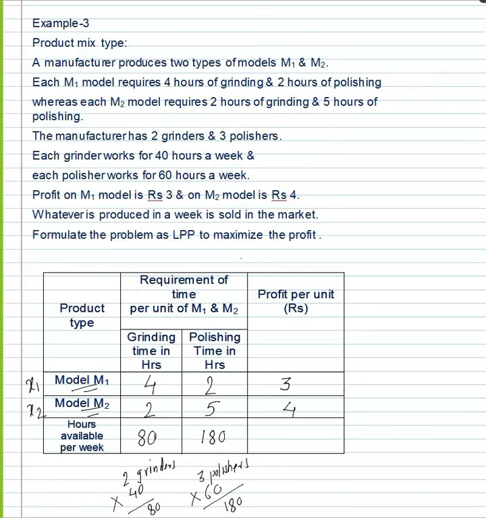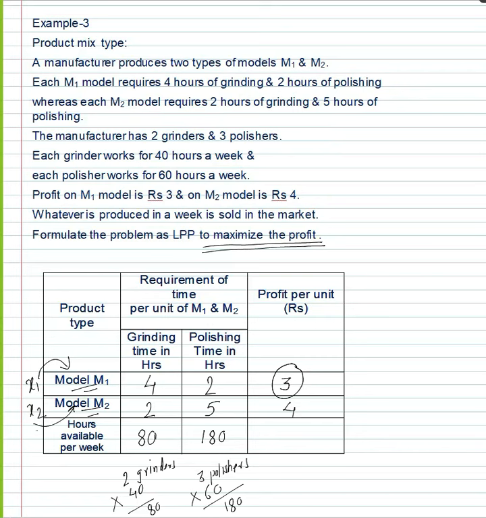Now the objective is to maximize the profit. So what is the total profit if the manufacturer produces x1 units of M1 and x2 units of M2? Profit on 1 unit of M1 is rupees 3.